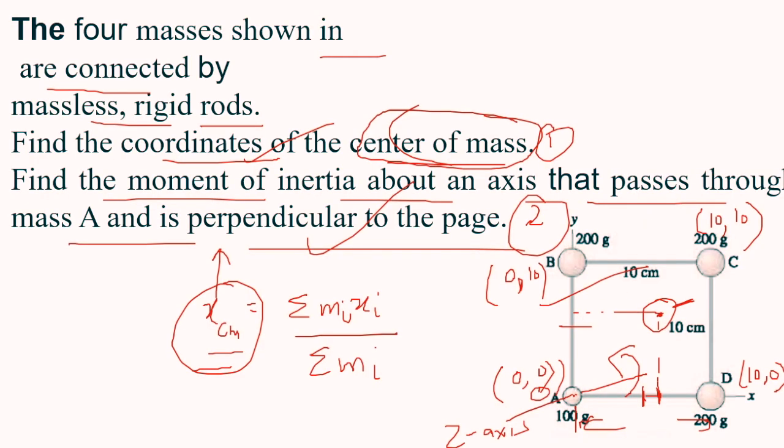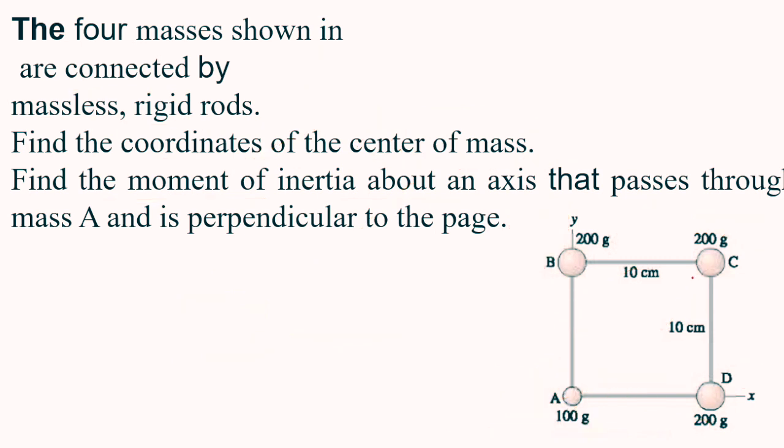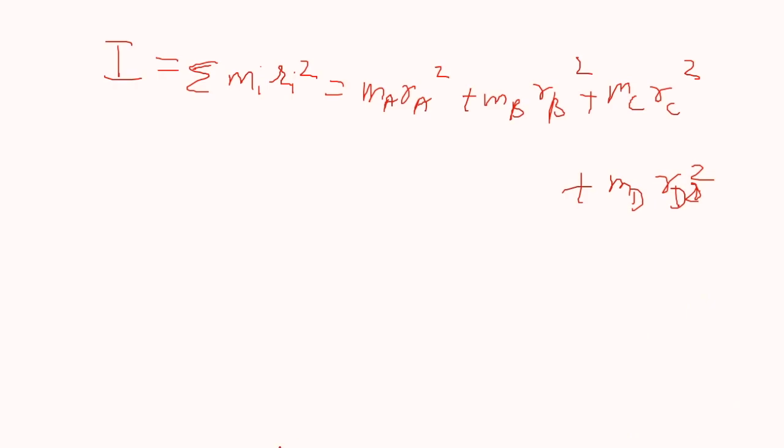For RA, RB, RC, RD, from this axis RA is 0, RB is 10 centimeters, RC is this length, which is 10 root 2, and for RD it's again 10. Since 10 centimeters is 0.1 meter, you put all these values in here. Now we want SI units, so there is no numerator and denominator cancelling out.